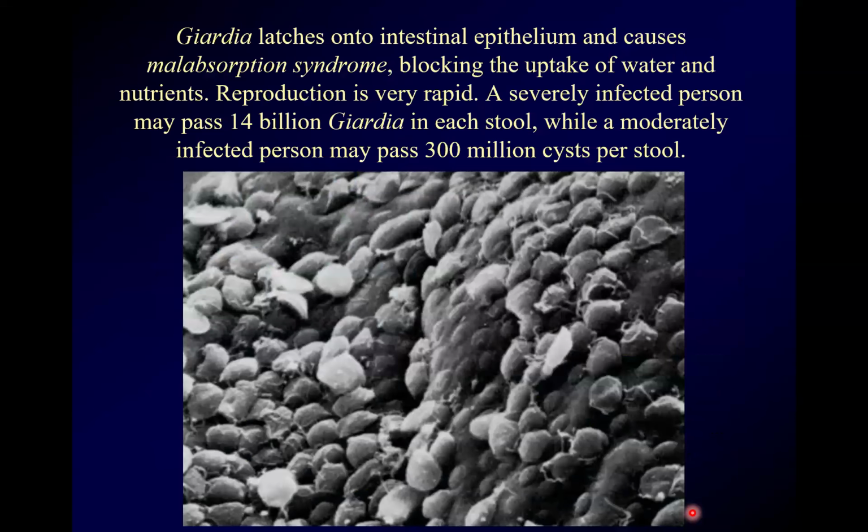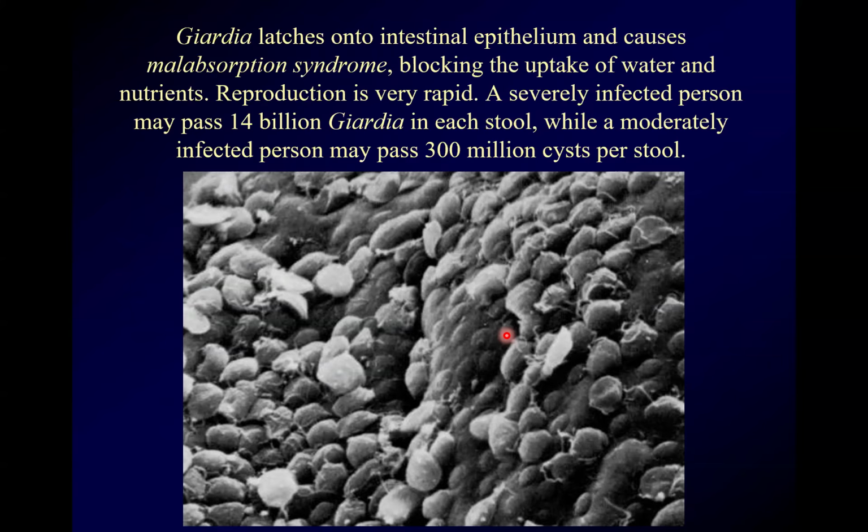So that's a piece of intestinal epithelium. And every one of these little round, kind of turtle shell shaped things is a Giardia cell that has latched onto the intestinal epithelium and causes malabsorption syndrome. And that just means that the intestine can no longer absorb what it's supposed to absorb. You see this in a lot of different diseases.